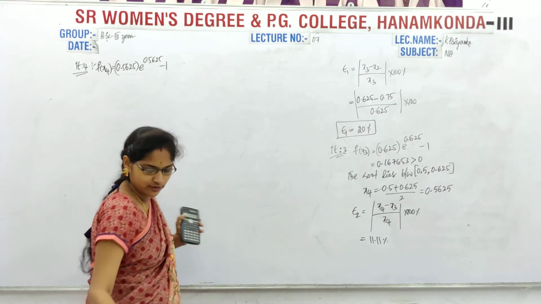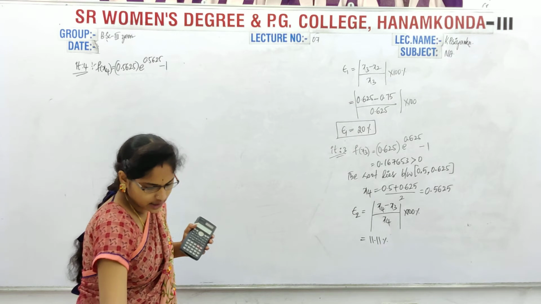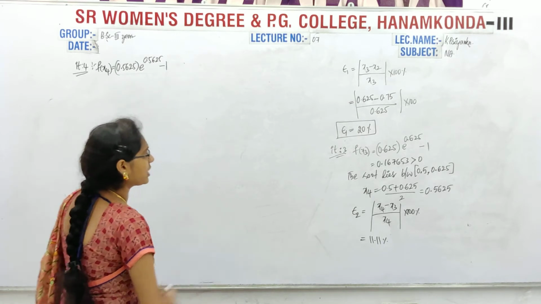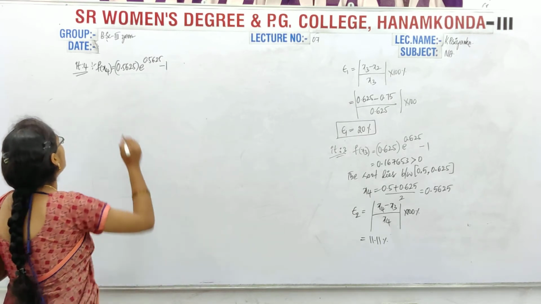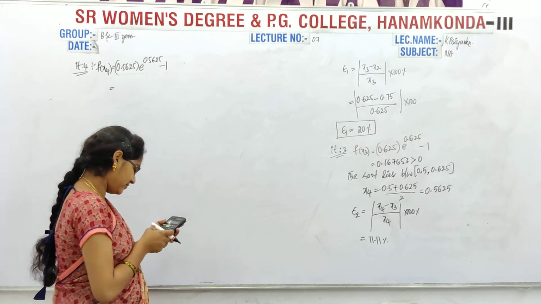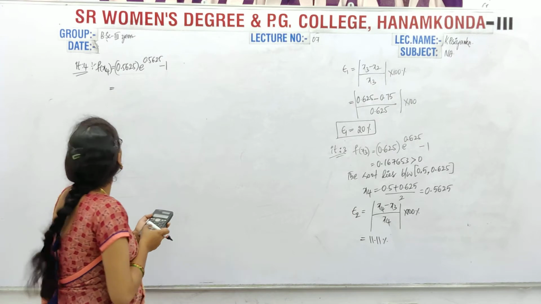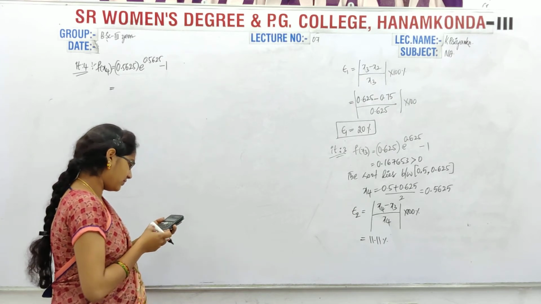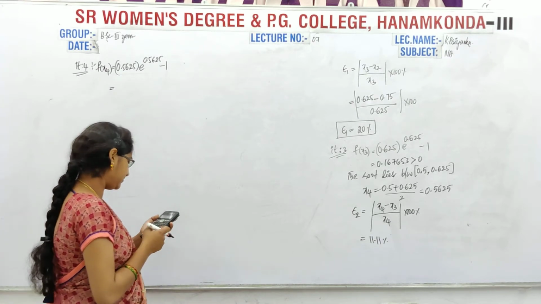Same steps we have to repeat. So here they ask about our tolerance, so that's why we have to calculate the error, otherwise no need. Now it is nothing but directly again e power 0.5625 into 0.5625 minus 1.